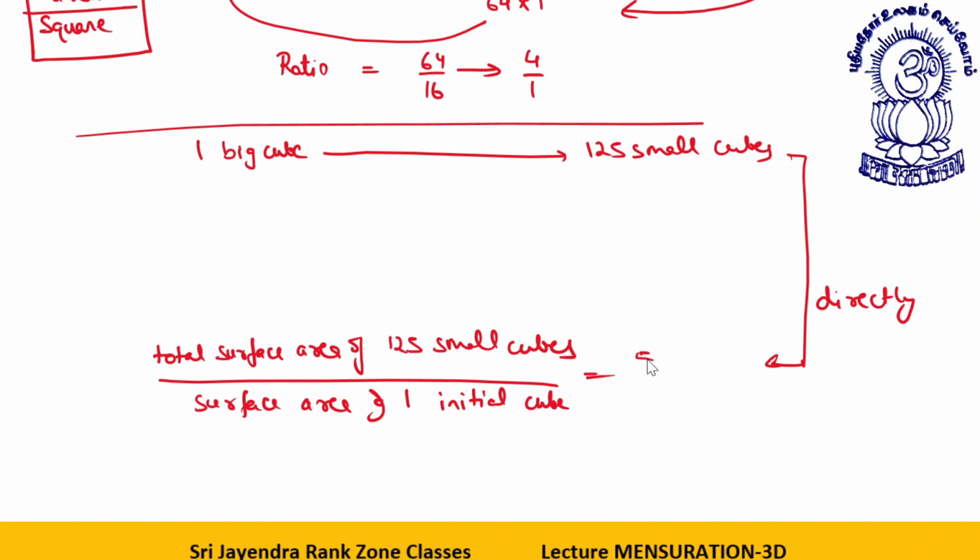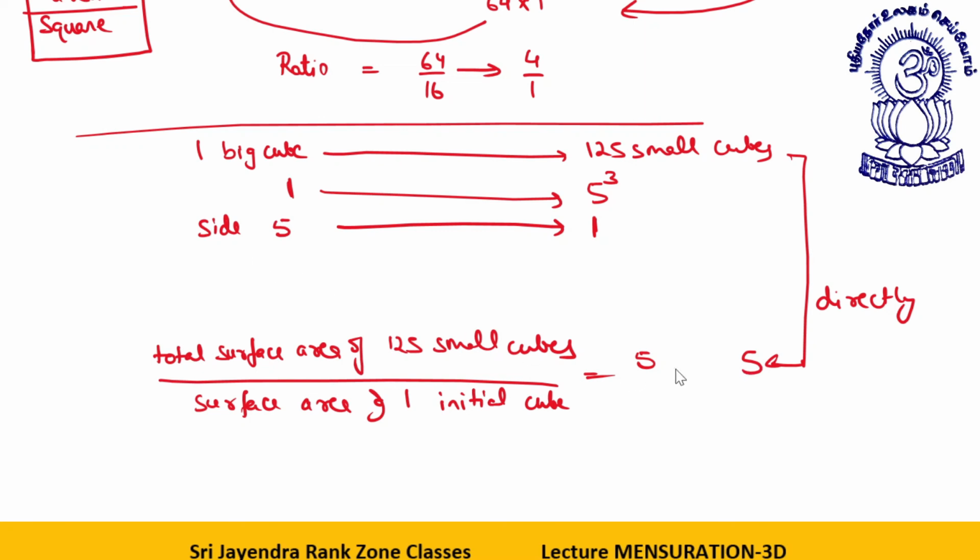This one cube is broken into 5 cubes, so side ratio will be 5 is to 1. So surface area will be 5 square is to 1 square.